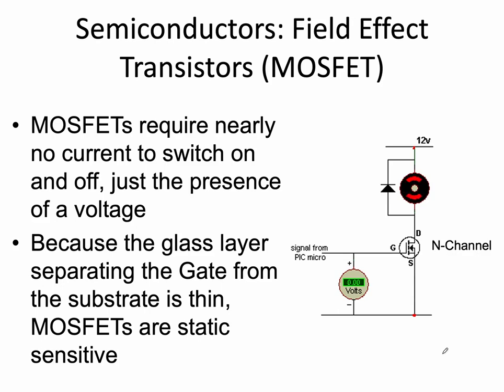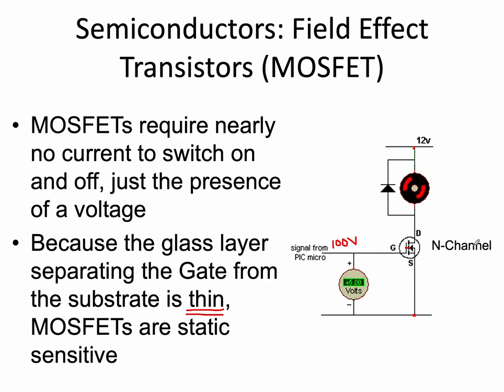Because it doesn't take much to do it, because that glass layer is very, very thin, MOSFETs are static sensitive. What do I mean by that? If you apply a larger voltage to this than it's designed for, say for example I applied 100 volts on here, that 100 volts would actually break through this glass layer between the gate and the rest of the device and actually form a conducting layer, at which point the N-channel MOSFET is toast.